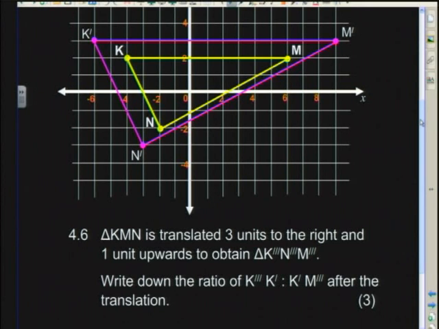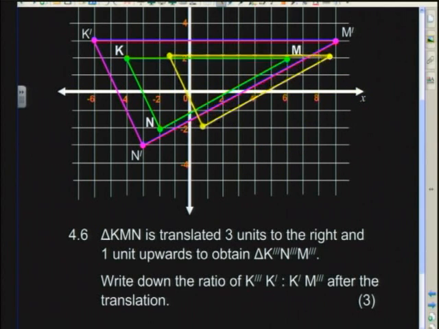So we've got this triangle KMN. It's translated 3 units to the right. So from where it is, we're going to move it 3 units right. Count with me. That's 1, 2, 3.